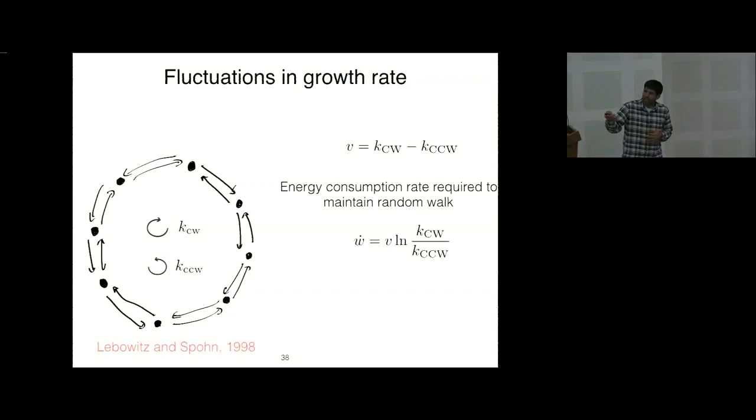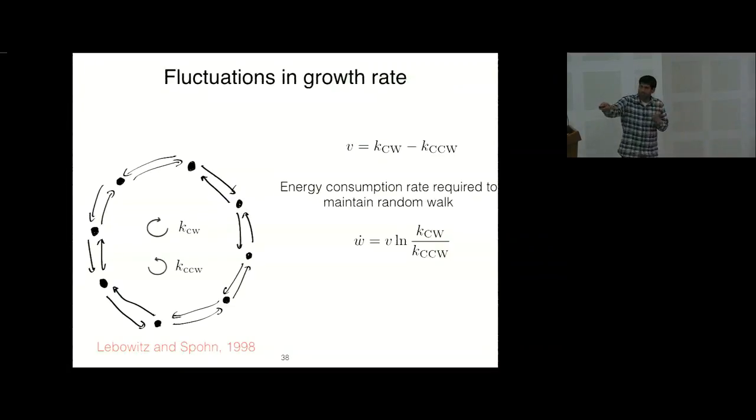One can define by analogy from what we had before, and I think I'm missing some factors here, but this would basically be right. The rate or the power required to maintain this cycling whenever the rates are mismatched is equal to V, which tells you how fast the system is flowing around, times the log of kCW divided by kCCW.